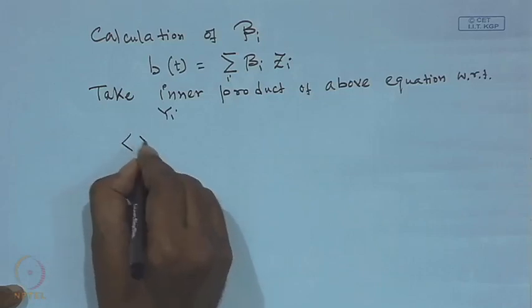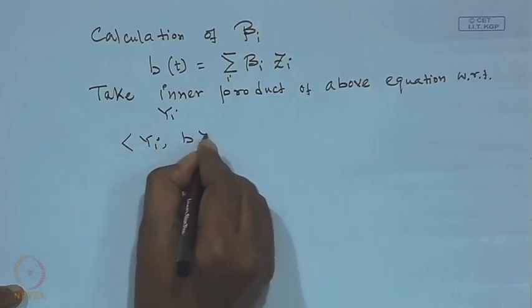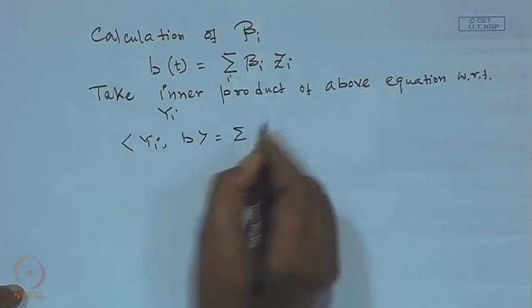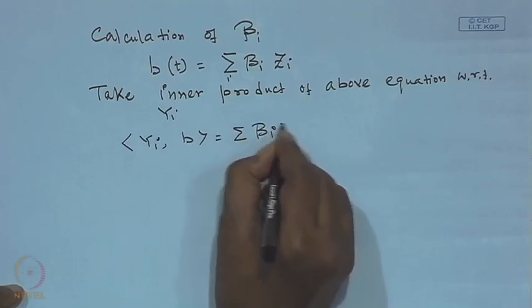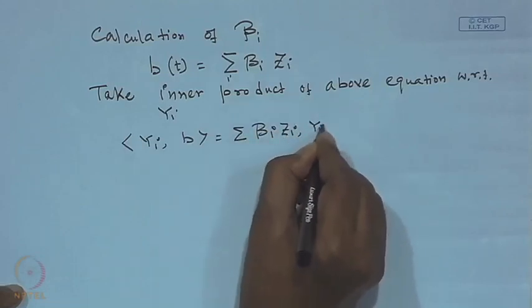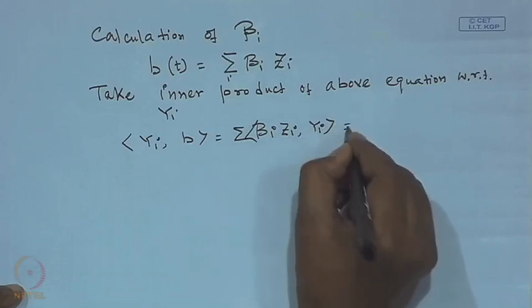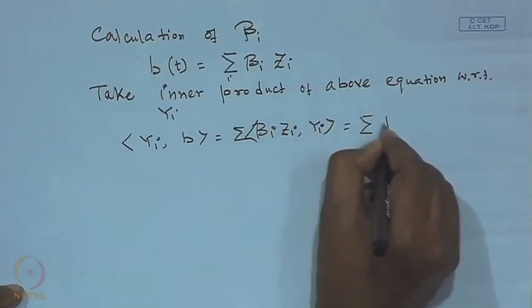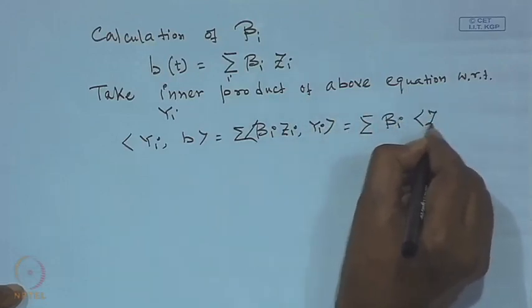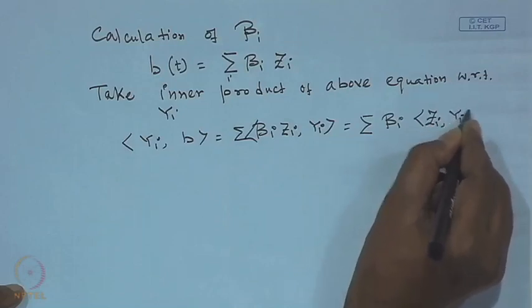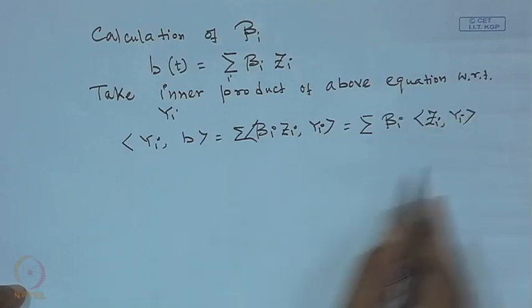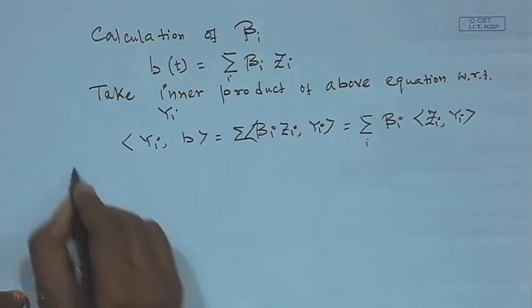So, you will get the inner product of y_i and b equal to the summation of beta_i z_i with y_i, beta_i being a constant. So, it will be the summation of beta_i times the inner product of z_i and y_i.